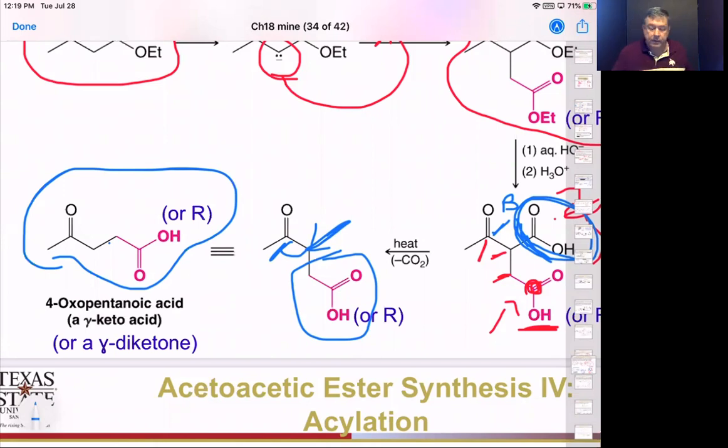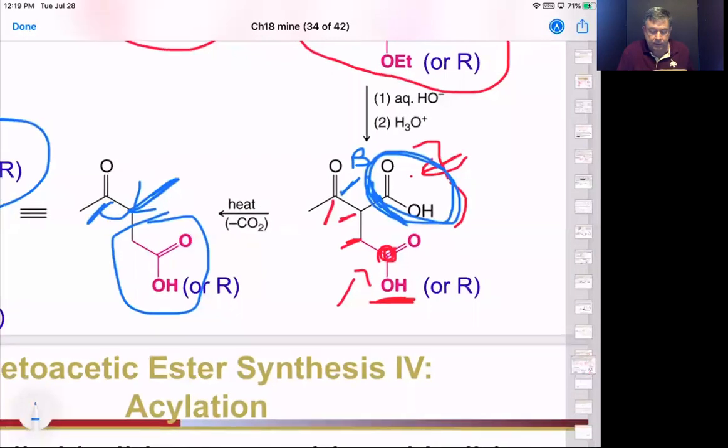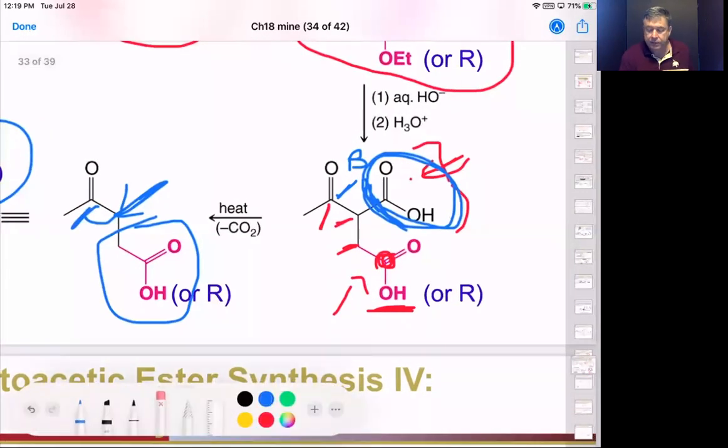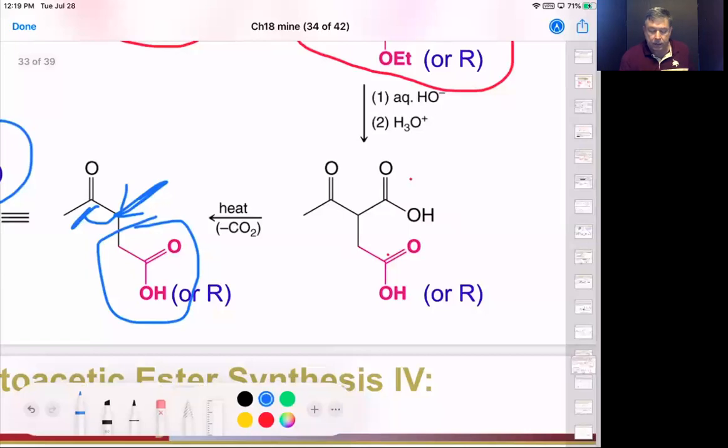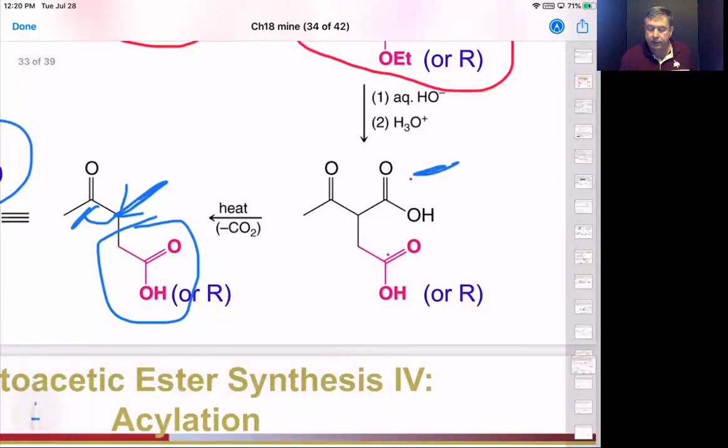Okay, can you label? That's a great idea. All right, let me go ahead and label each of these as alpha, beta, gamma. So I'm going to label them from each carboxylic acid independently. So I'm going to start with this one right here.